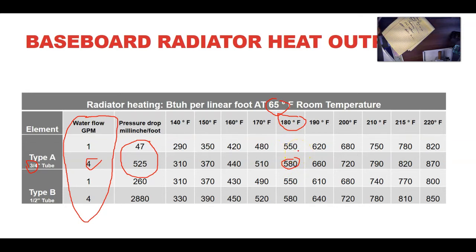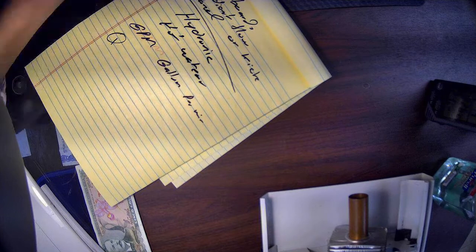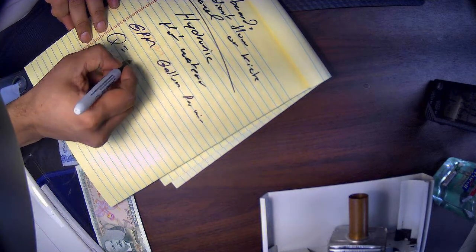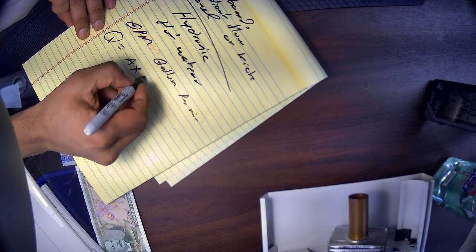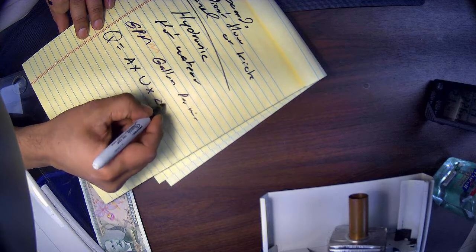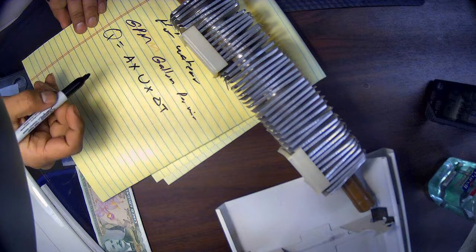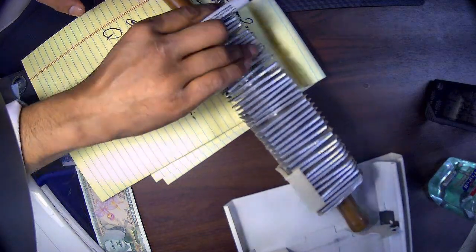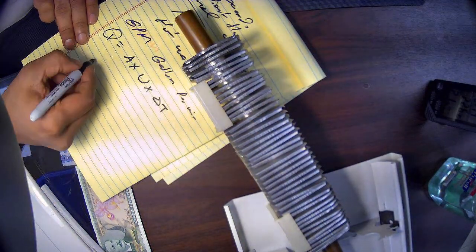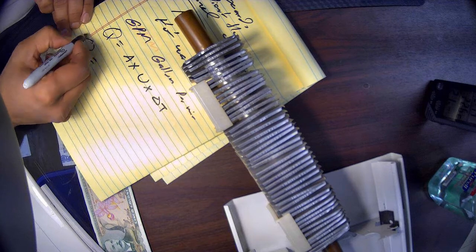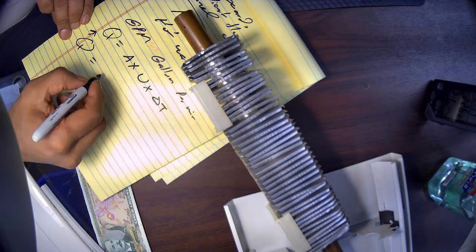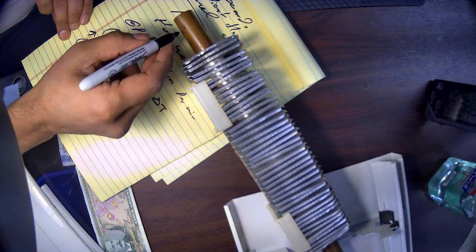And just to give you some kind of physics behind what's happening, remember my favorite equation, Q equals A times U times delta T. So in this case, my heat transfer, the heat coming out of this pipe here, is going to be based on the area of this pipe.